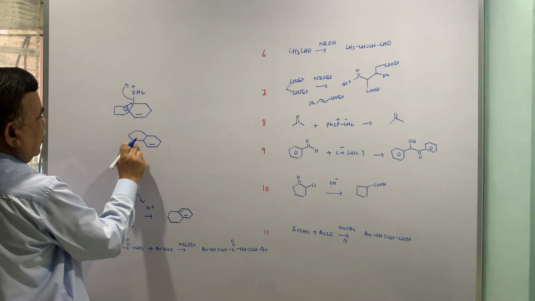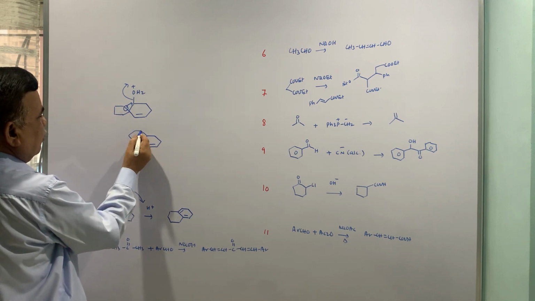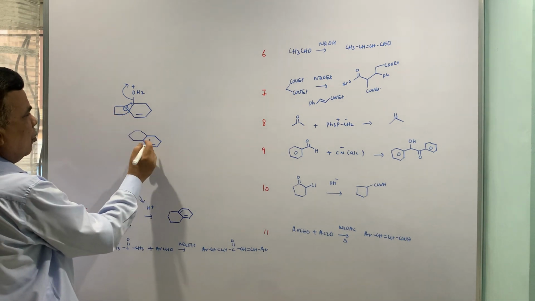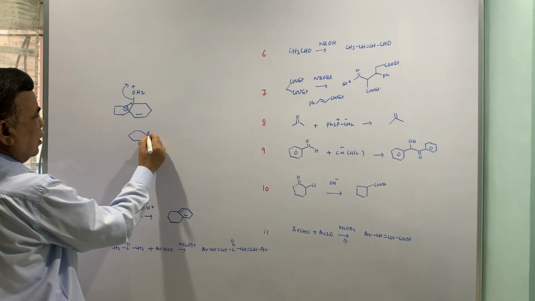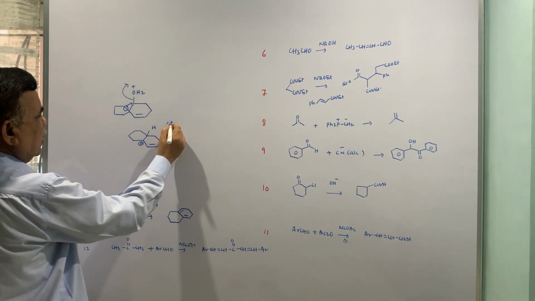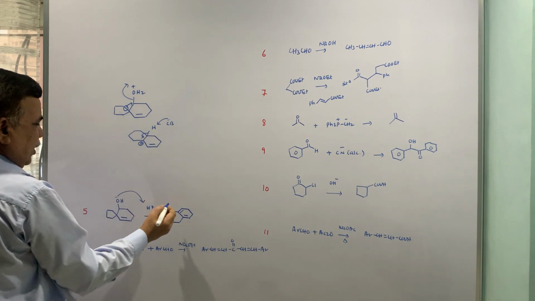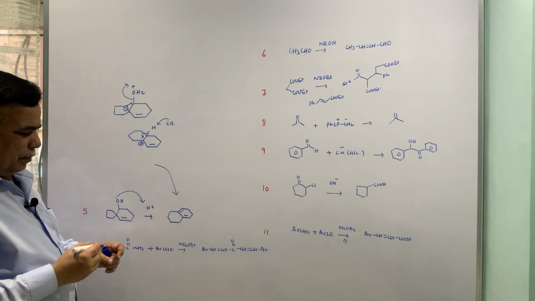So, you see that 1, 2, 3, 4, 1, 2, 3, 4, these are the intervening methylenes, and now since you are breaking this bond, this becomes positive, and to compensate it, the proton loss takes place, and ultimately you get this compound, right.